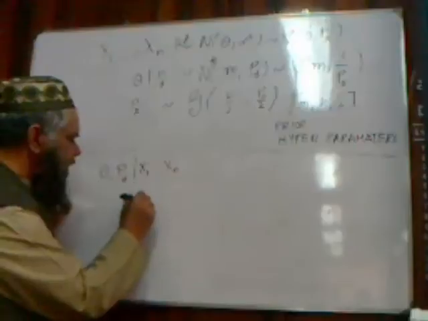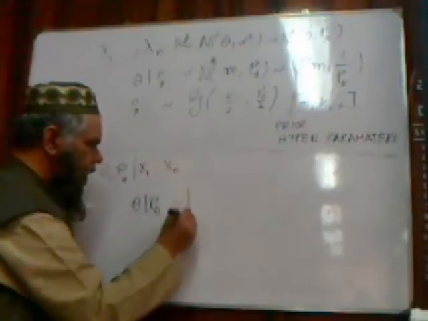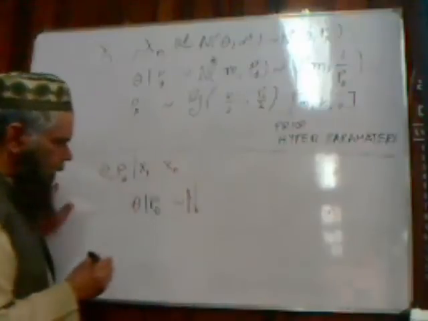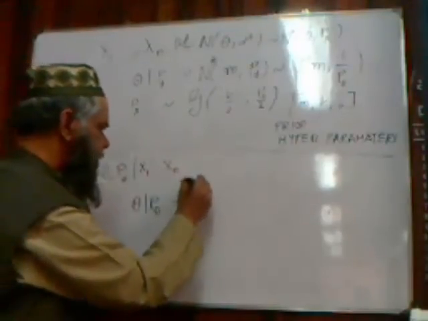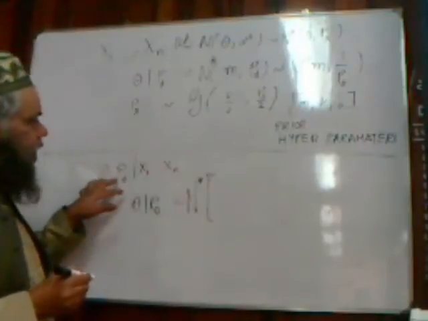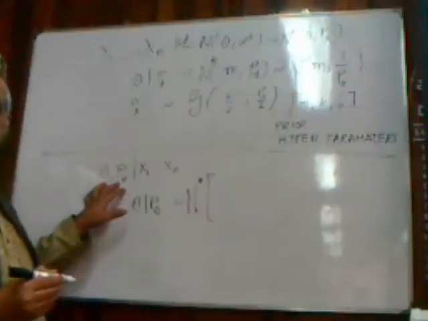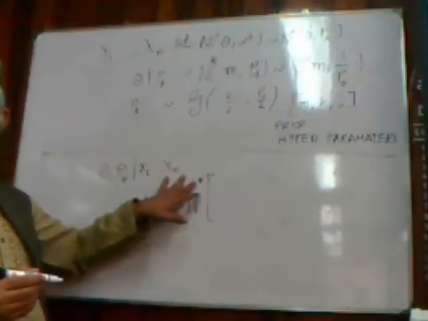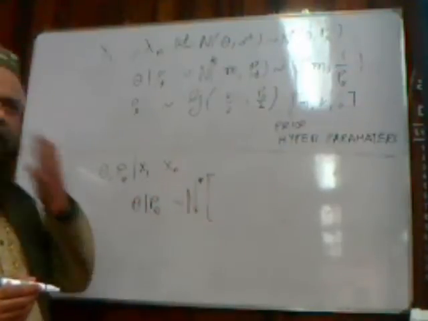So this density, let me use the n star notation. Basically, we want the joint density of theta and p theta conditional on the data.